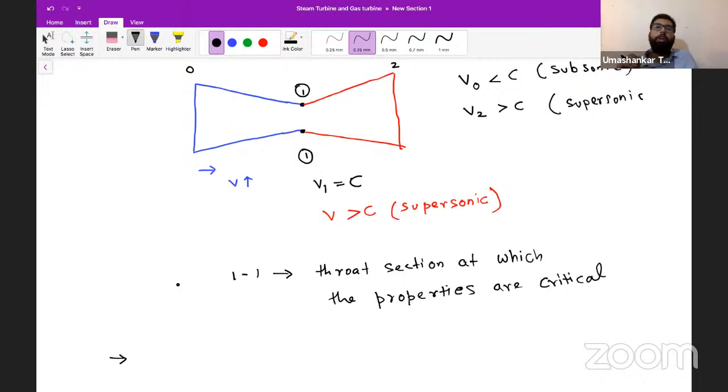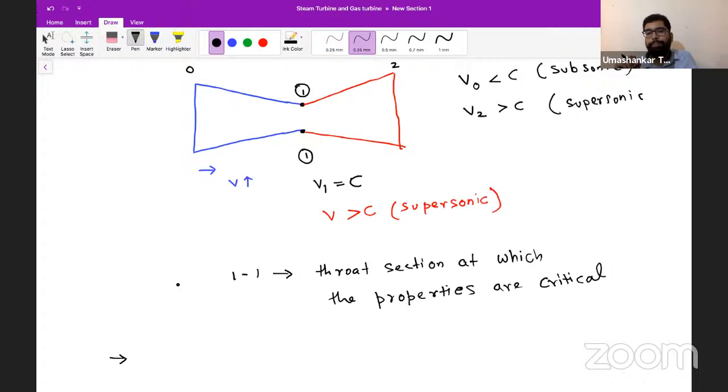So when you reach the velocity of sound in a converging section, you cannot increase the speed any further if the passage continues to be converging. Once you reach the sonic velocity, by further converging the cross section you are not going to get anything. Is that true or not?